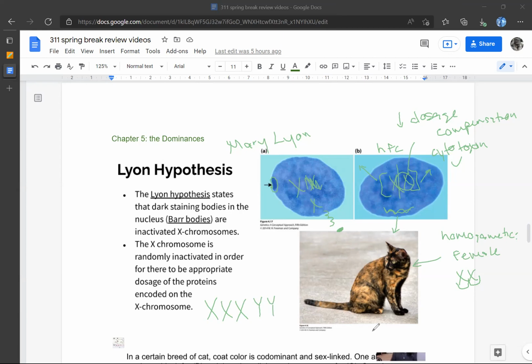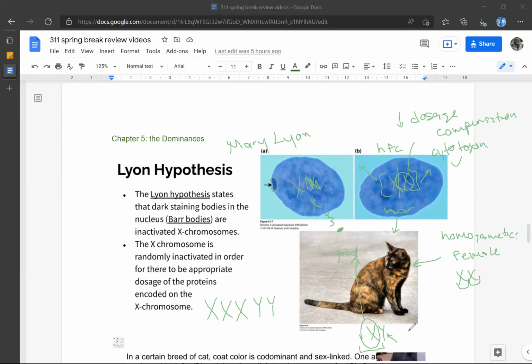Yes, so typical males have XY, and it's the X chromosome that makes most of the good stuff that our cells need. So males don't have to do dosage compensation because they only have one X. The Y, we don't really have to worry about when we're talking about cell products. And so dosage compensation doesn't happen.